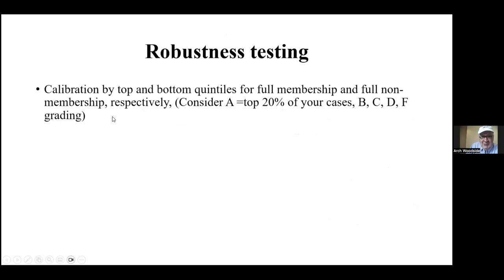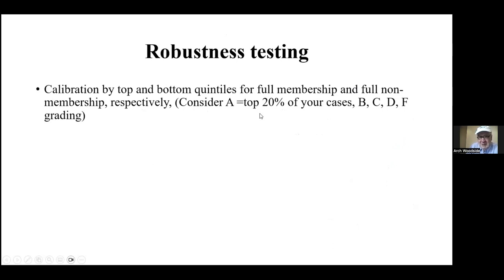I want to briefly introduce you to robustness testing. This is looking at calibration by top and bottom quintiles for full membership and full non-membership.